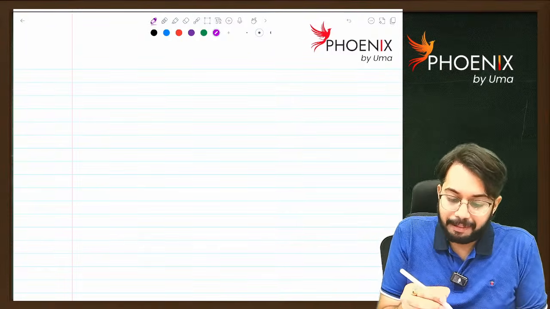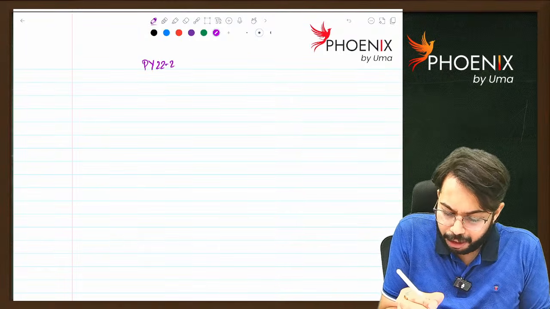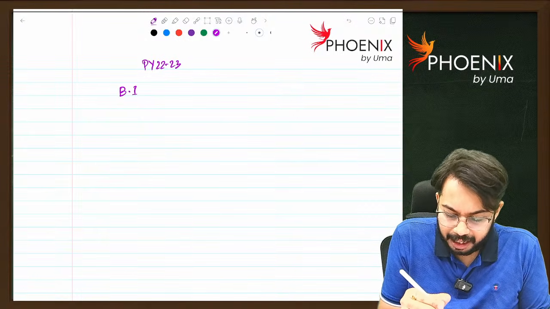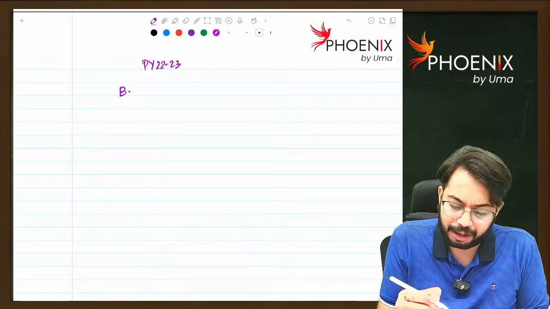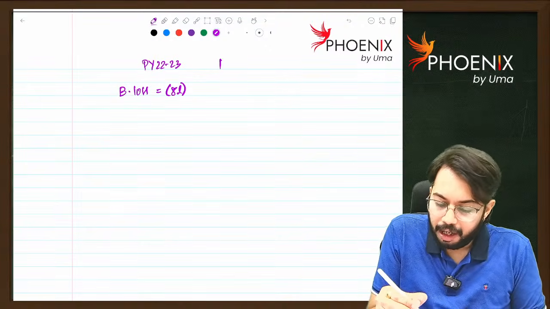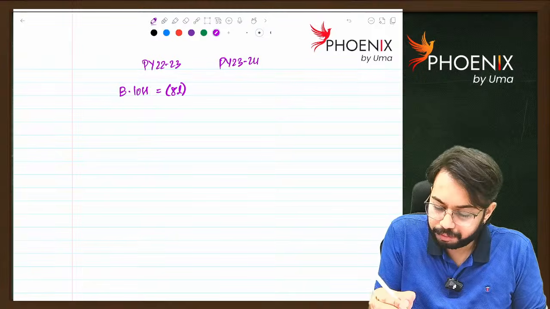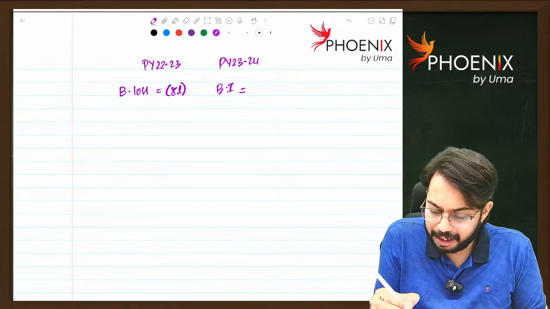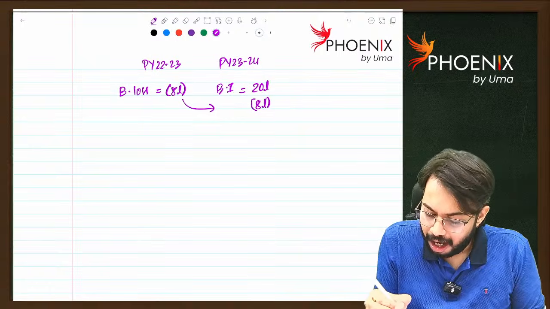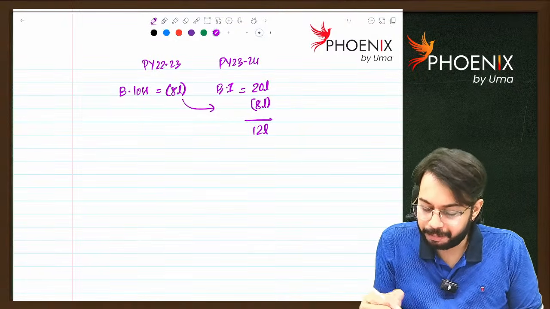I will tell one example. In previous year 22-23, let's say there is business loss of 8 lakh rupees. In 23-24, your business income is 20 lakhs. You have done set off and your income is 12 lakh rupees.